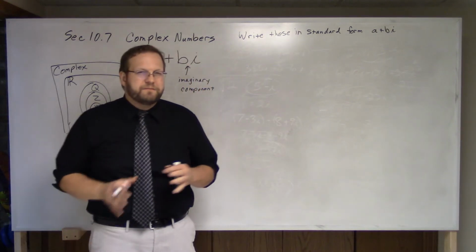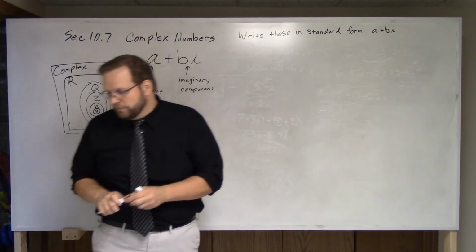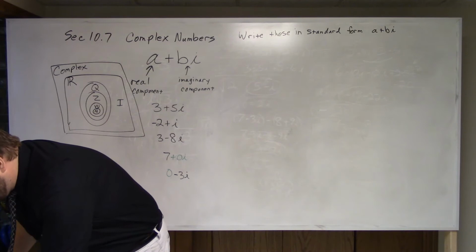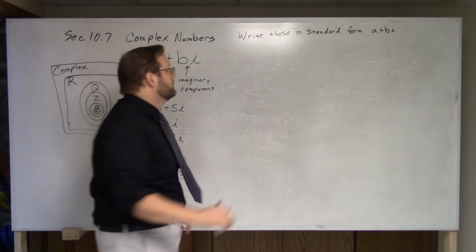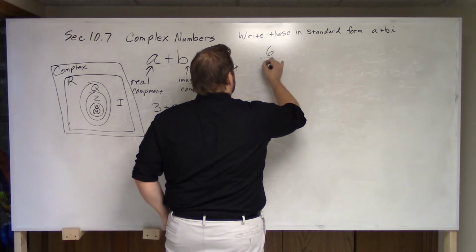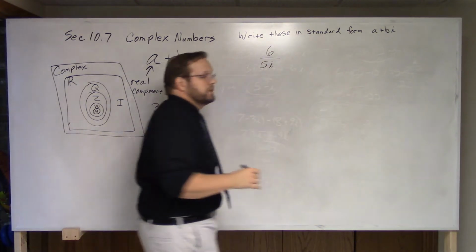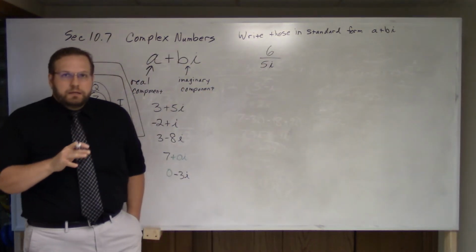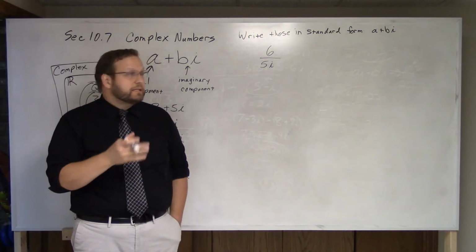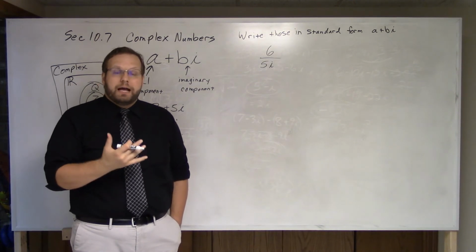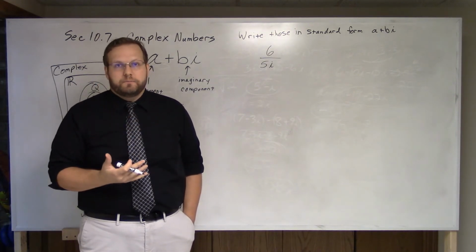Okay, so they're not going to say divide. They're going to say write it in standard form. So let's look at what this would be presented as. Let's say we have something like that. Now, that's not in a nice format because the i is in the denominator. I want that i in the numerator. That's really the issue.